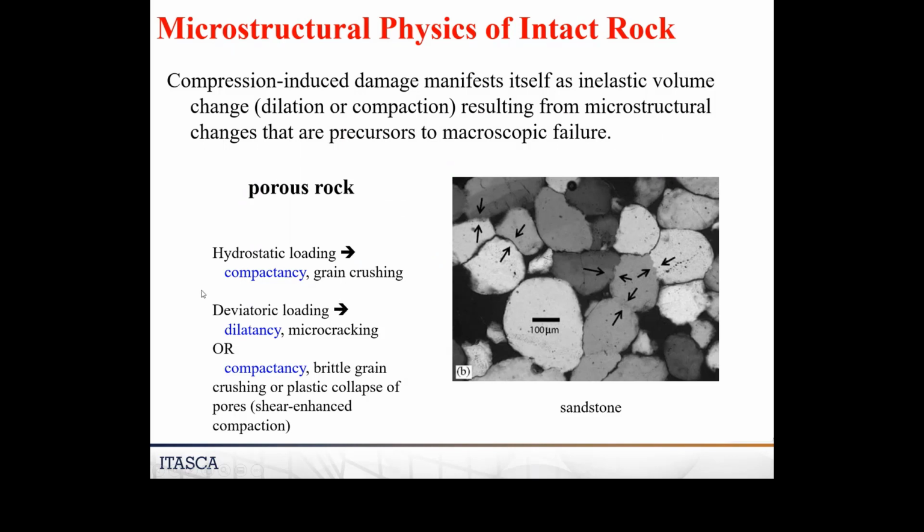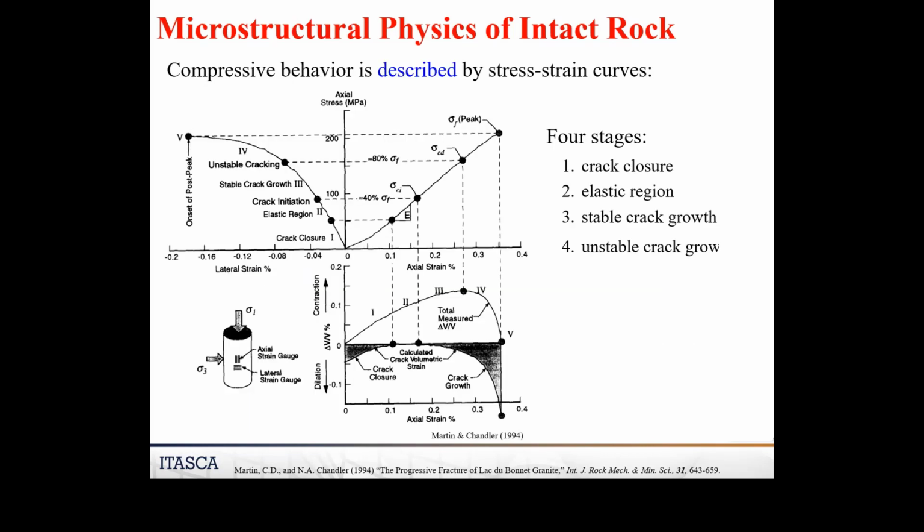Even under hydrostatic loading, you can get grain crushing. It'll start compacting. Under deviatoric loading, you can do the same as a compact rock. You can get dilatancy, but you can also get compactancy, where you start getting grain crushing and collapse of the pores. One of the things that they measure this for is they see something called shear enhanced compaction.